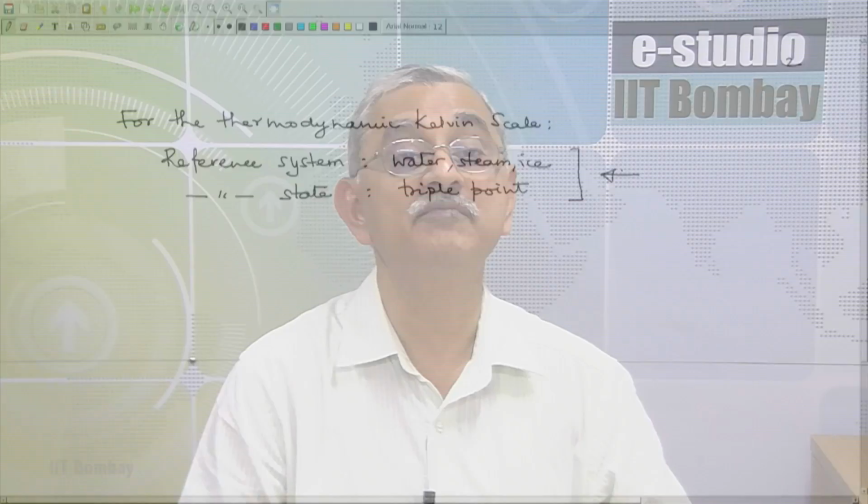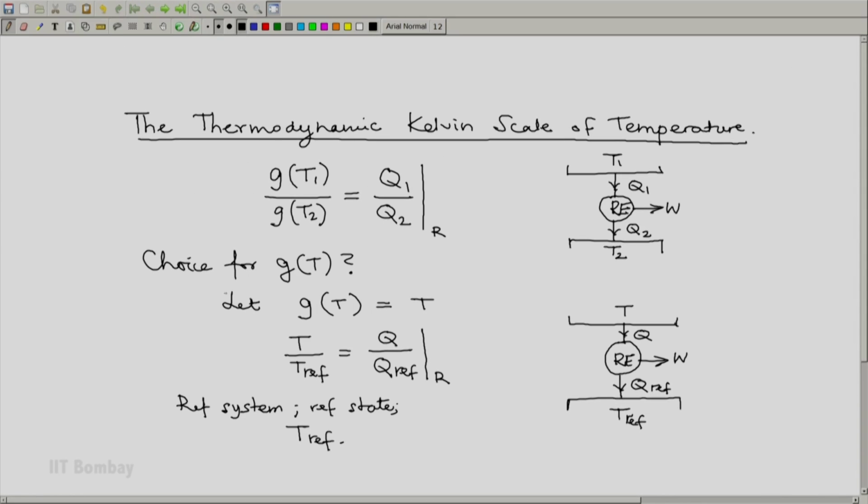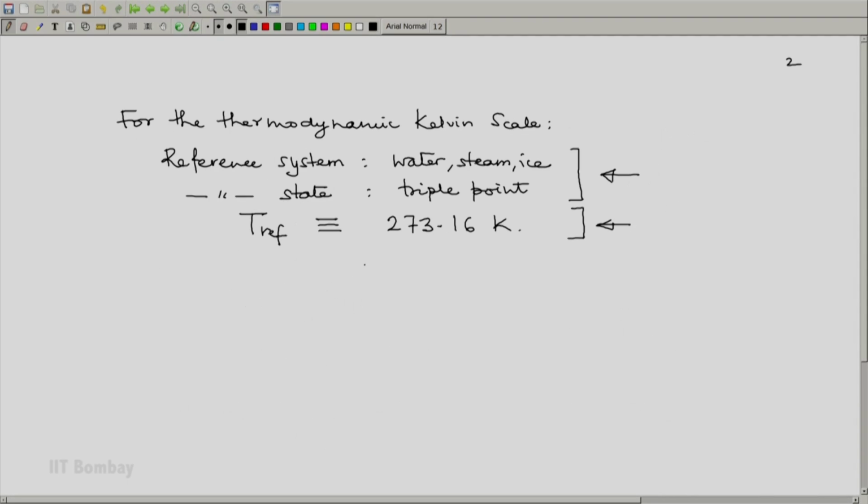And of course, we have to define a reference temperature, and this is defined to be, as in the case of the ideal gas Kelvin scale, 273.16 Kelvin.